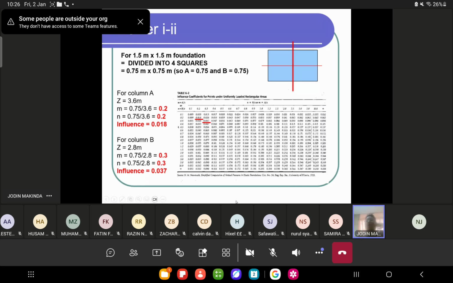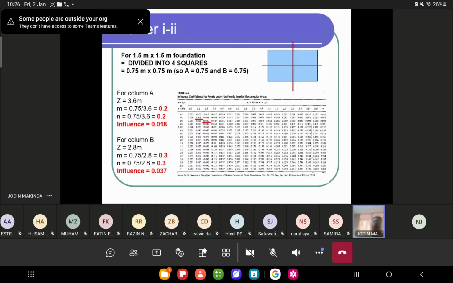So this is how you find the influence factor. This rectangular area table is given in the exam and test. You should know how to read the influence coefficient from the table.